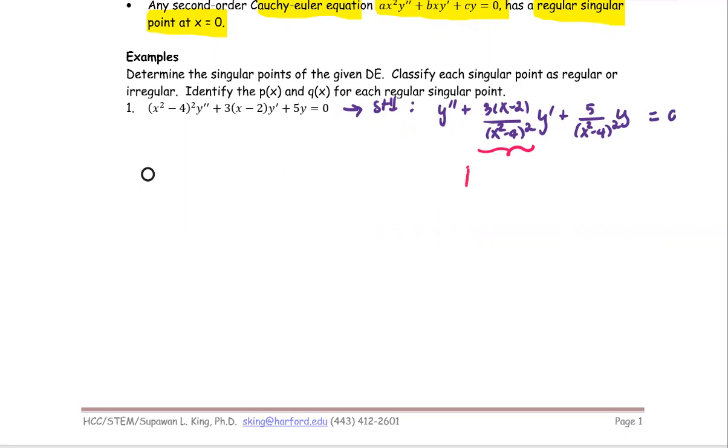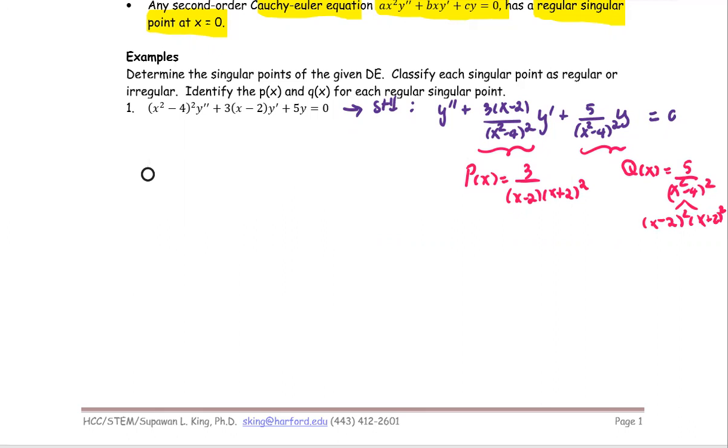We get the uppercase P(x) from the standard form as 3 divided by (x minus 2) times (x plus 2) squared, and the uppercase Q(x) function as 5 divided by (x squared minus 4) squared, or we can factor this as (x minus 2) squared multiplied by (x plus 2) squared.